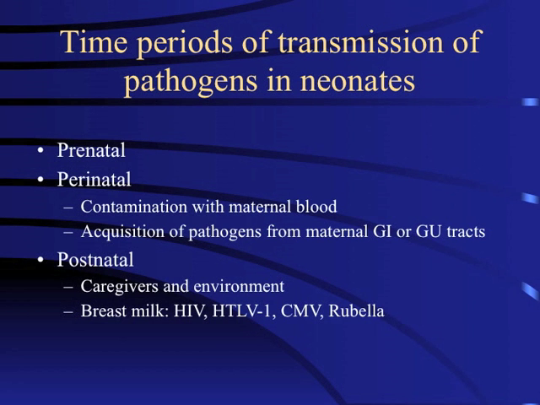So the time periods where there can be transmission of pathogens in neonates are basically divided in three. There's prenatal or in utero, and that's where you might also get involved, especially if you get referred a pregnant woman infected with, probably the most likely thing, syphilis, especially nowadays when we have a big epidemic of syphilis going around in the United States and also in Hillsborough County.